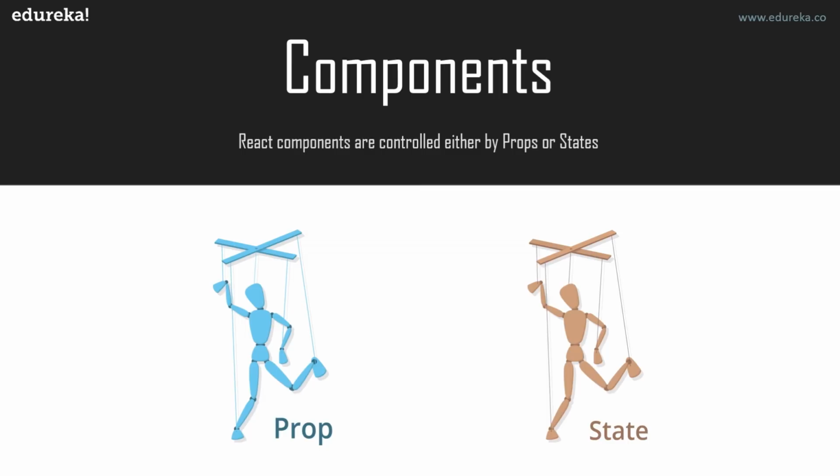Now, it is very important to understand how you render a component. When React sees an element representing a user-defined component, it passes the JSX attributes to this component as a single object, and those are specifically called props. So you see here, this is a function Welcome, which is just like a component, having props as a parameter.